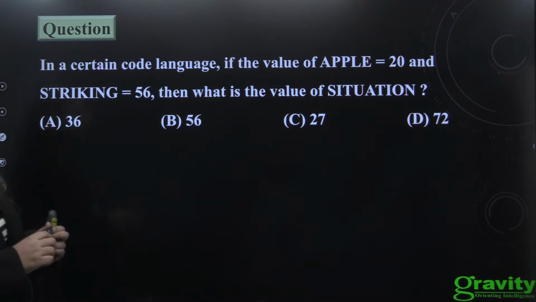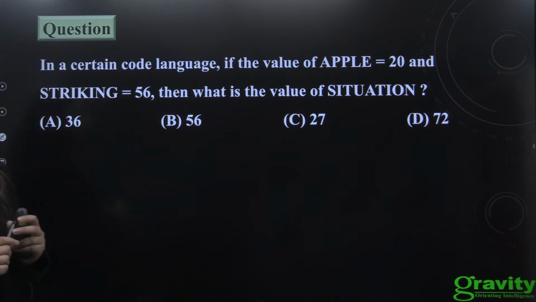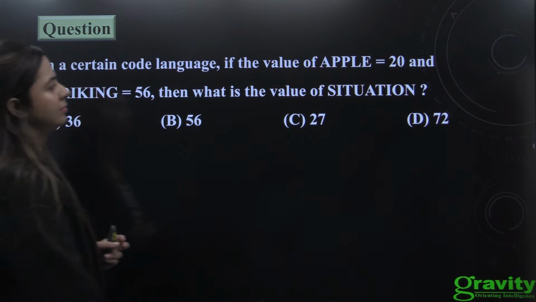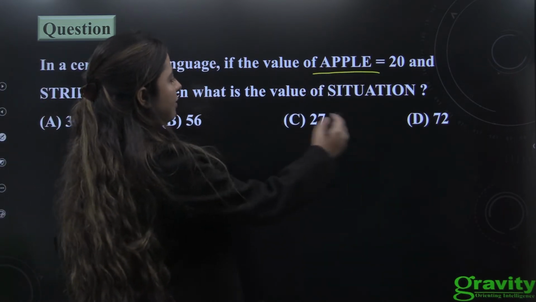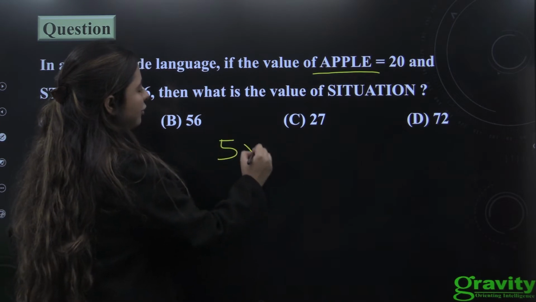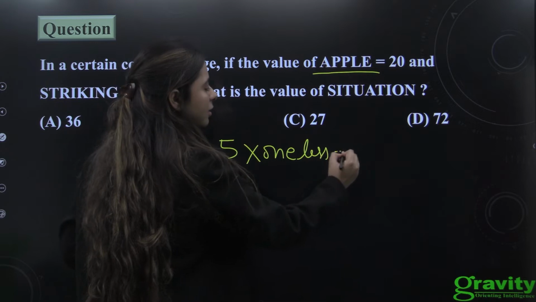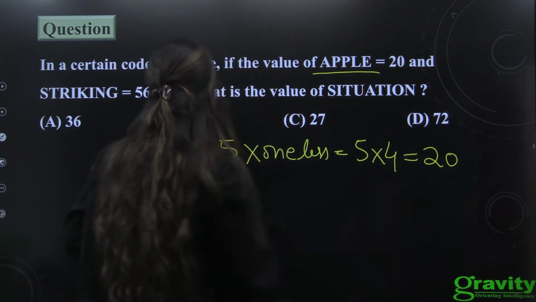Something to do with the number of letters. Ma'am, answer is 72. Correct, 72 is the answer. In apple, there are how many letters? 5. 5 into 1 less, 5 into 4 gives 20.